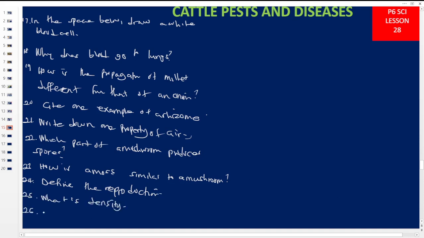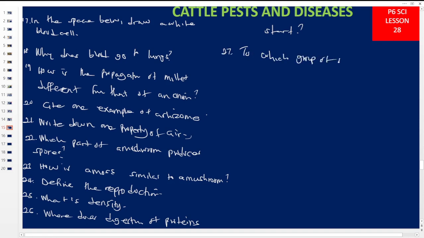Number 27. To which group of mammals does a bat belong?